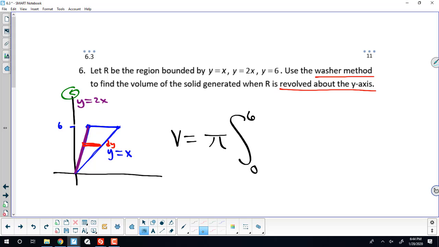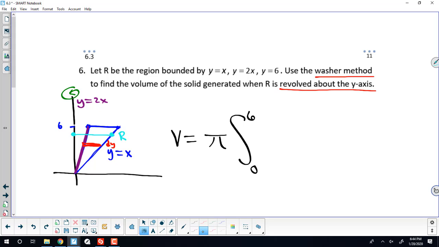Remember, we're revolving around the y-axis. So our outer radius is going to be determined by this distance from the outer function to the axis of revolution. That's our capital R, outer radius.